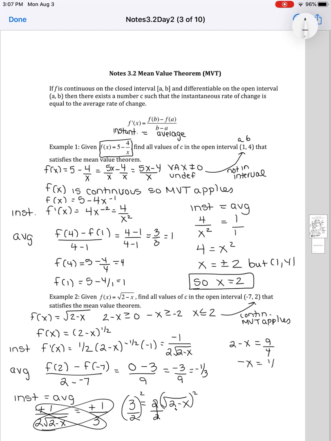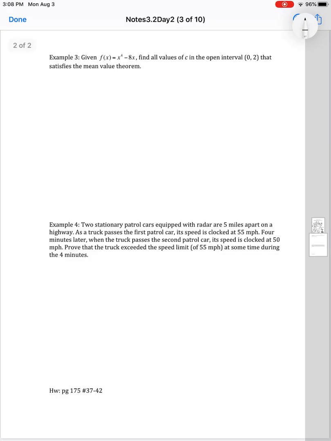So 2 minus x equals 9 over 4. If I bring the 2 over, that's 8/4, so this gets me 1/4. So x comes out to being negative 1/4. And then you check on the interval negative 7 to 2, which does work out. So x equals negative 1/4 is a possible answer here.